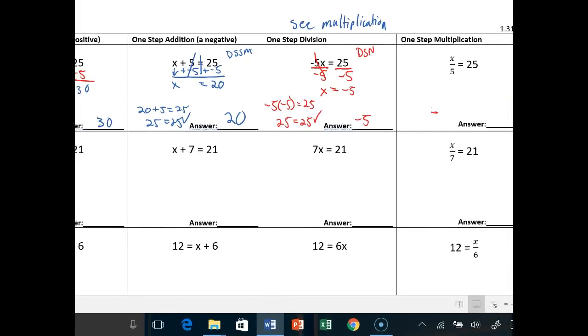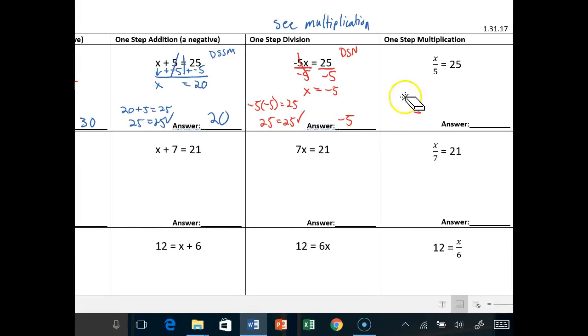All right. And the last column we have is one-step multiplication. So we see division on this one, and because we see division, we end up multiplying. We do the inverse, which is multiplication. So I see some number divided by 5 is equal to 25. It's basically, again, just the opposite of that problem. I multiply both sides by exactly the denominator.